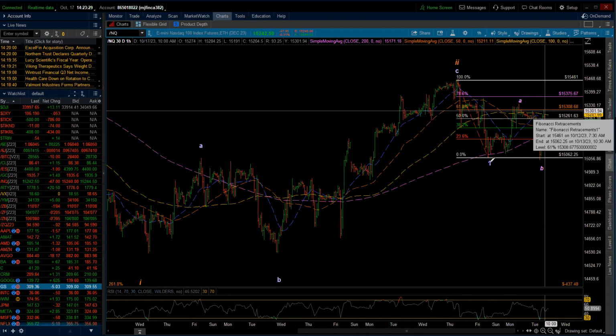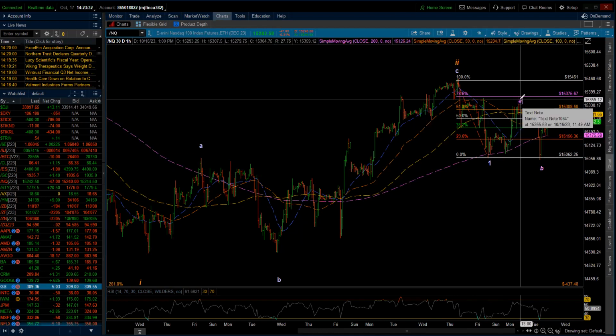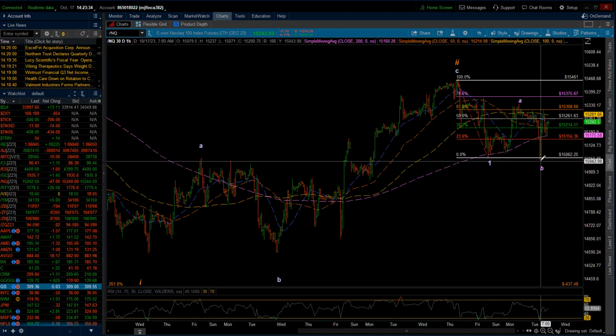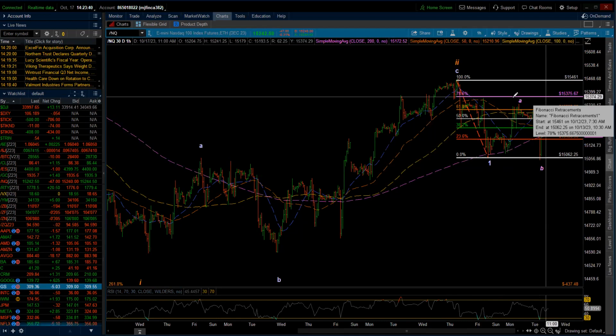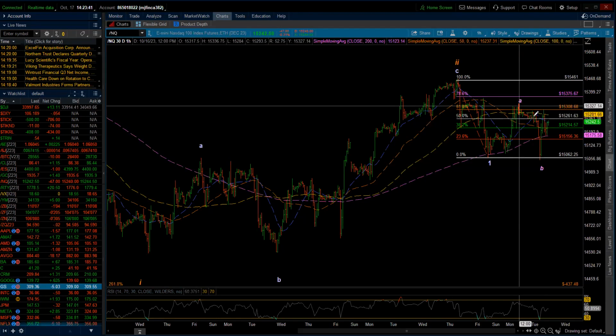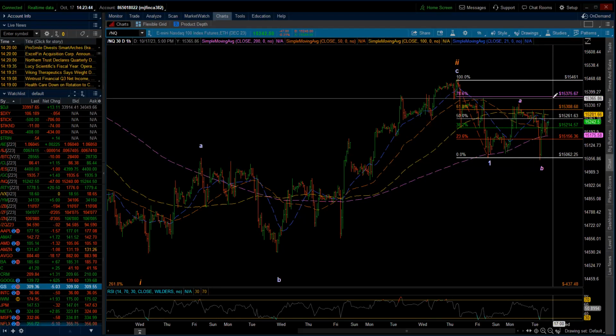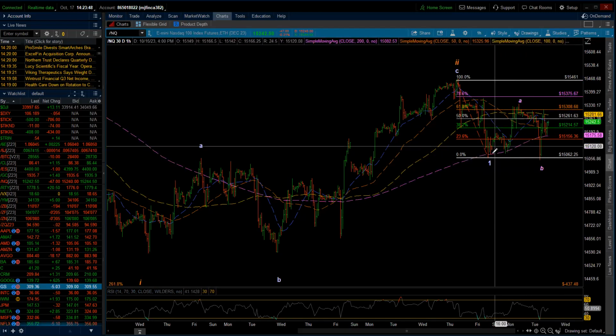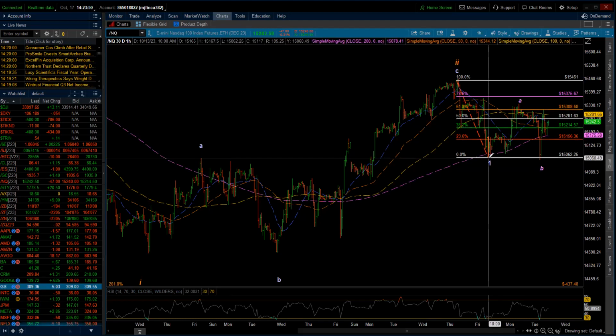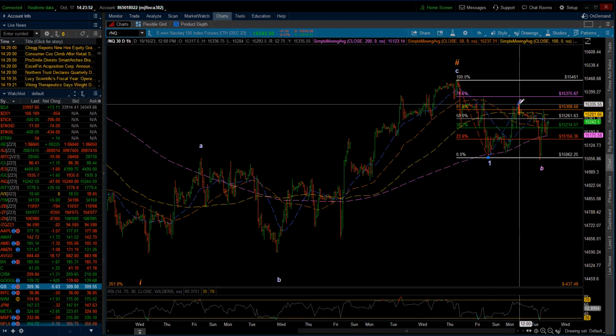So what did it turn into? A of minute 2, B of minute 2, even though it had a new low. That's all okay, because now it's going to go up and it's going to get above here to finish the C wave. So what can we look at here? I'm going to add, let's just put it in there, C wave.